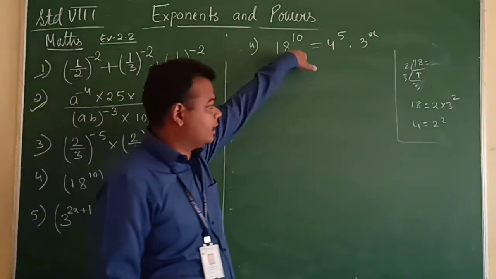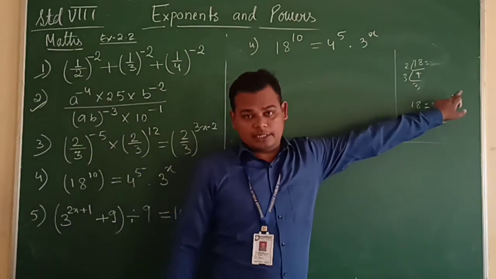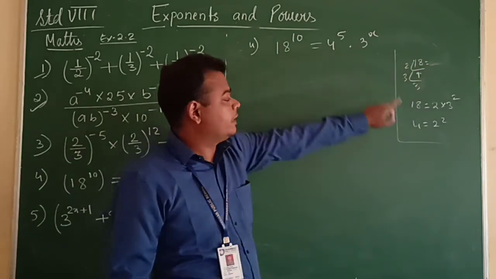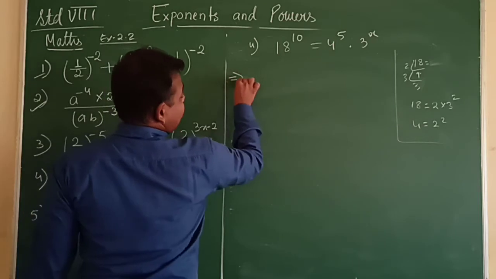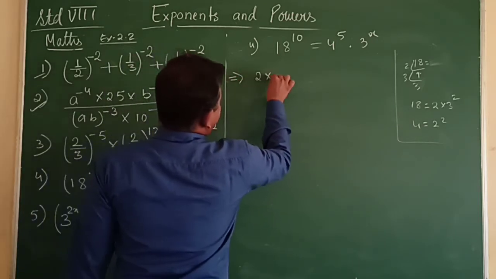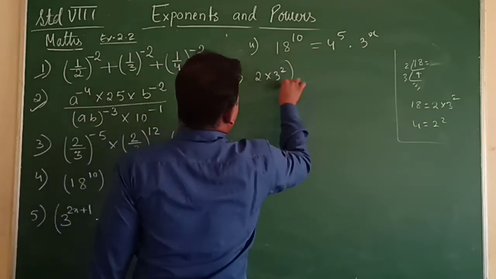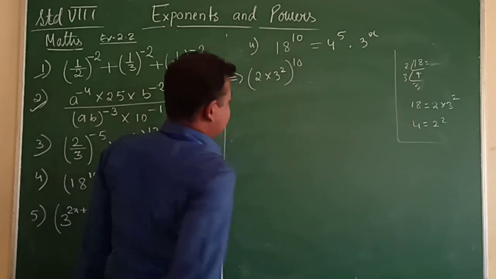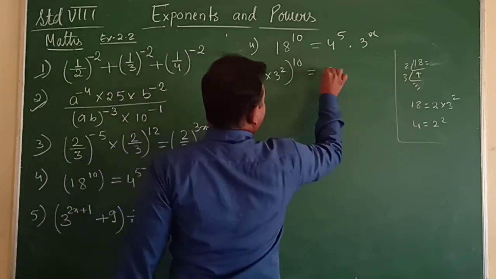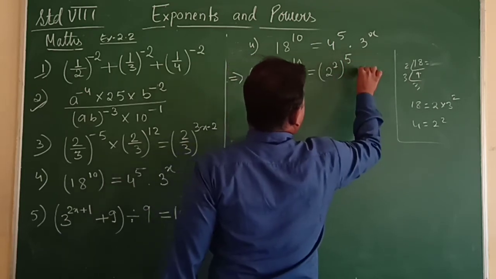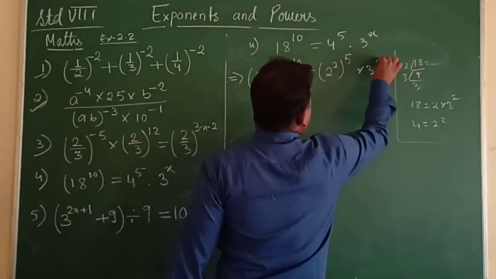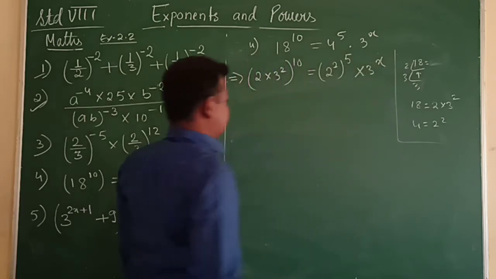Instead of 18 we are writing 2 multiplied by 3 square, the whole to the power 10. So power 10, no changes. Instead of 4 we are writing 2 to the power 2, and power 5, multiplied by 3 to the power x. No changes here.